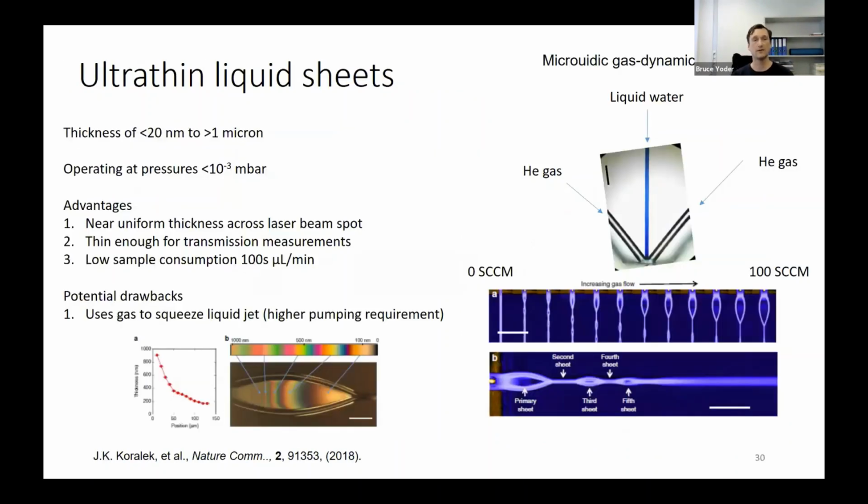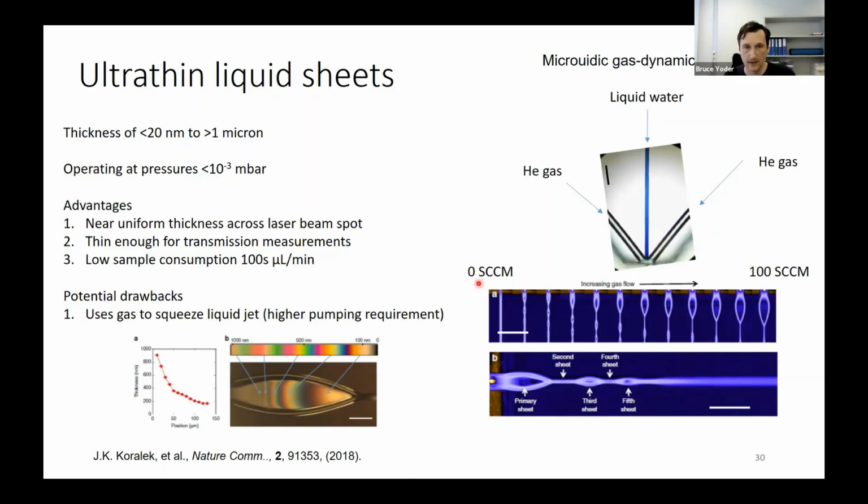Luckily, ultra-thin liquid jets down to less than 20 nanometer thickness have been produced using microfluidic gas dynamic nozzles, shown here. Here is a microfluidic chip with a 20 micron central channel where liquid water was pushed through, and two 50 micron channels where helium gas was applied to pinch the liquid jet and flatten it.